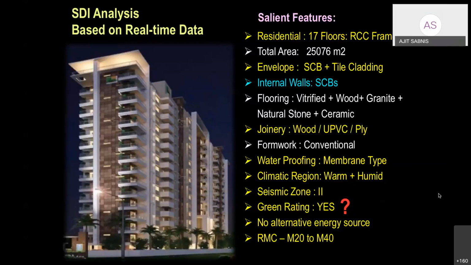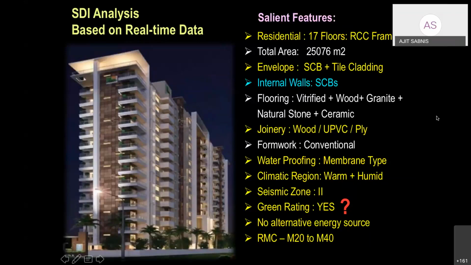The salient features of the building are: it's about 17 floors, 15 plus 1 or 2 basements, and the total area is about 2.5 lakh square feet, about 25,000 square meters. The outside envelope is completely of solid concrete blocks with a tile cladding, and the internal walls are also solid concrete blocks.